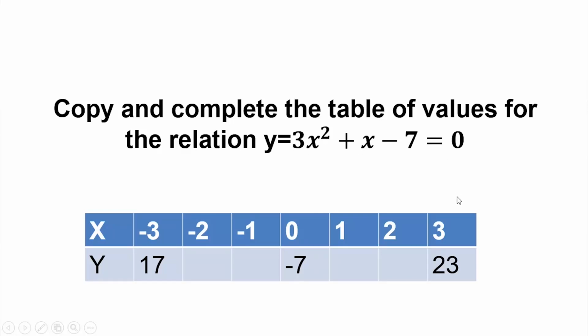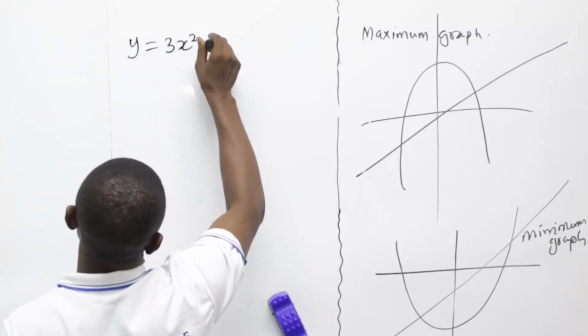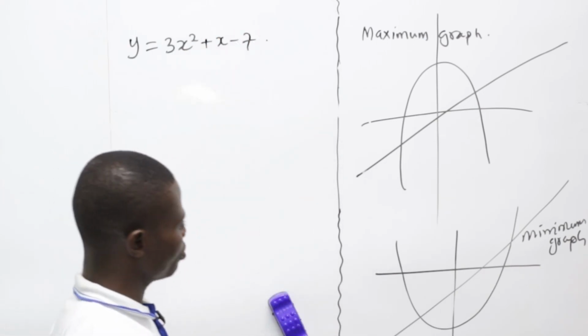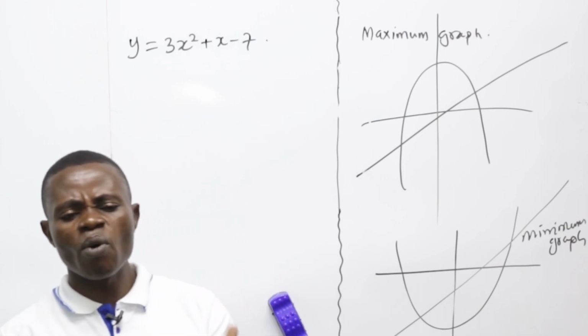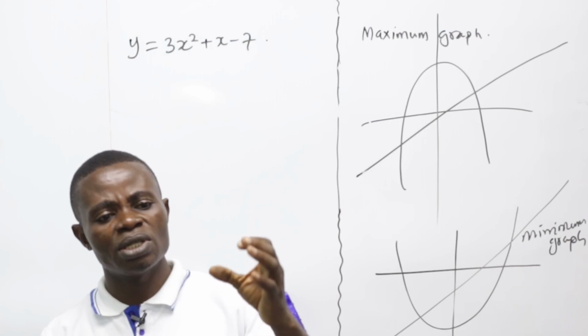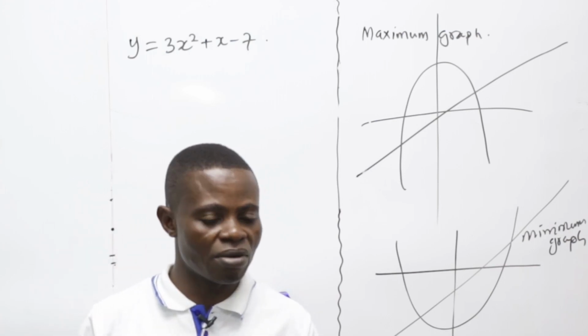So the standard equation here is that y equals 3x squared plus x minus 7 is the equation. Now, whenever they give you a table, the ones whose values are known, you don't need to touch it in exam condition.